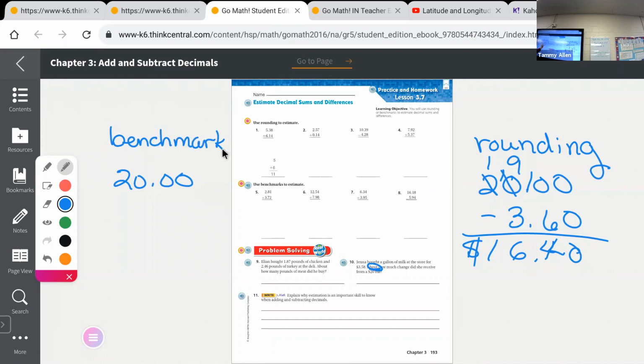So $3.50. All right? So with benchmark, it was $16.50. All right? Either one is acceptable. Rounding, benchmark. Okay? 10 cents difference is all it is. All right? Either one's acceptable. Okay?